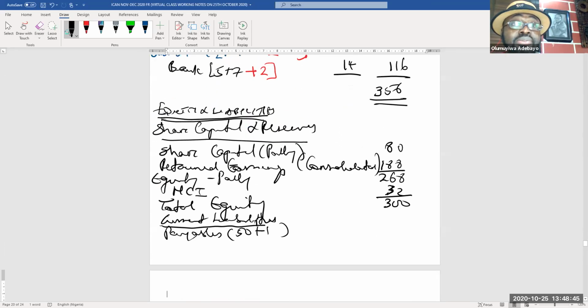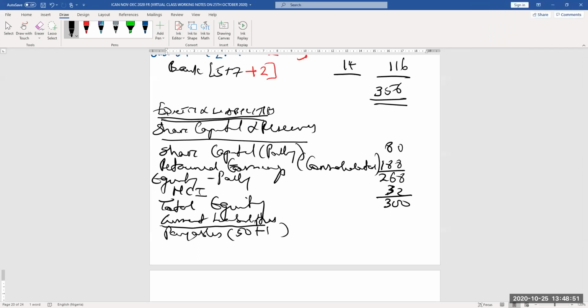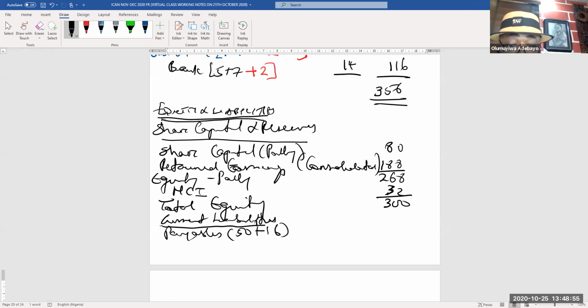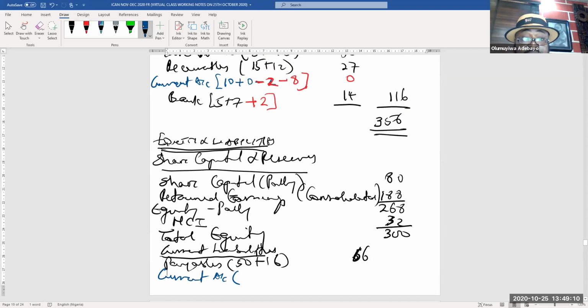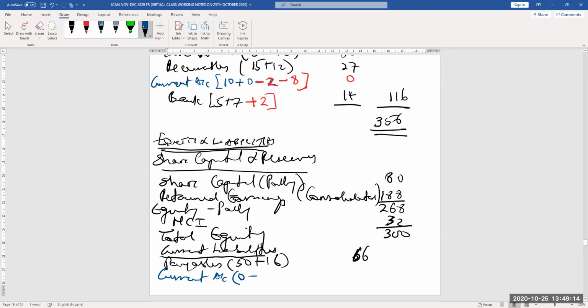Now our payable. We are told our payable is 366, sir. 50 and 16. 50 and 16. That is 66. Right? And we have current accounts. Our current account is 0 plus 8, right?